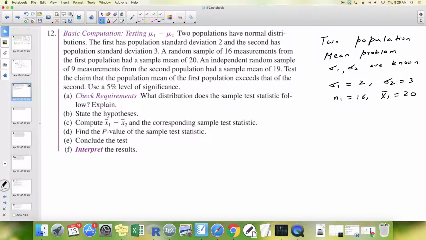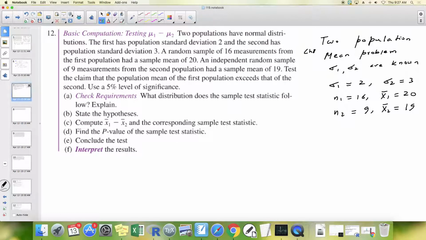And similarly, you see that N2 is 9 and x2 bar is 19. So test the claim that the population mean of the first population exceeds that of the second. Alright, so it's a chapter 8 problem.